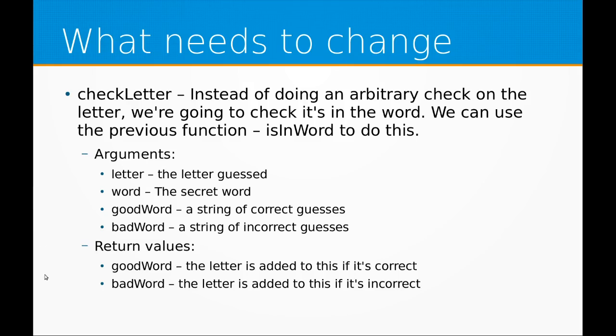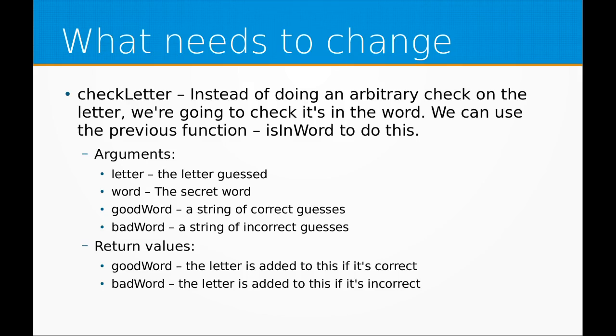Okay, so checkLetter. When we did this previously, it was checking against M, and if it's before M in the alphabet it's good, if it's after M in the alphabet it's bad, or similar. Instead, what we want to be doing is using isInWord and only putting it in good word if it's a correct guess, only putting it in bad word if it's an incorrect guess.